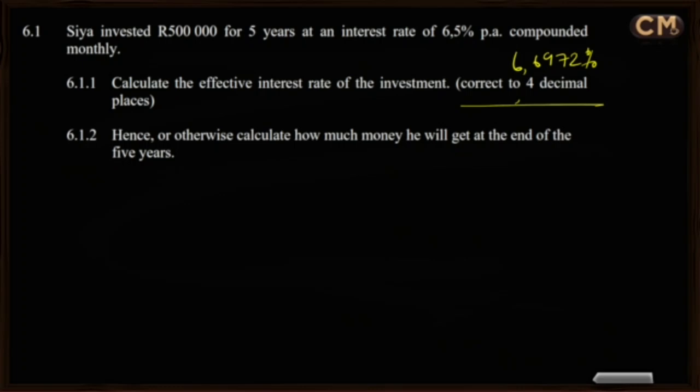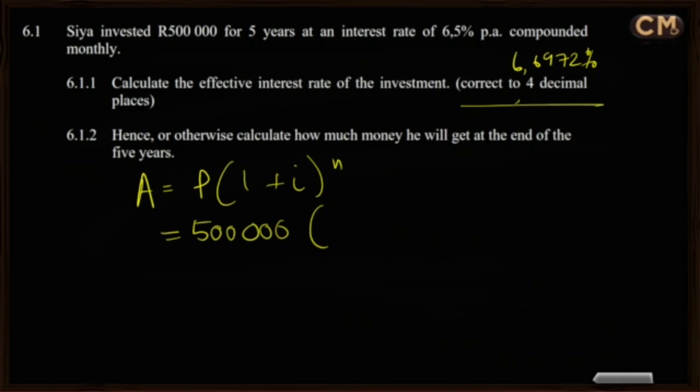Hence, or otherwise, calculate how much money you will get at the end of the 5 years. For that, that's our standard growth formula: principal times (1 plus the rate) to the power n. The principal is 500,000 Rand. Then we'll have 1 plus that 0.0669718 value, if you have it stored in your calculator, or you can use that.